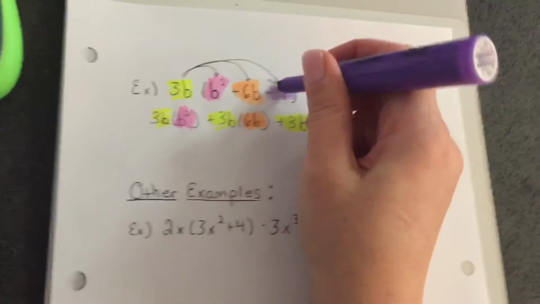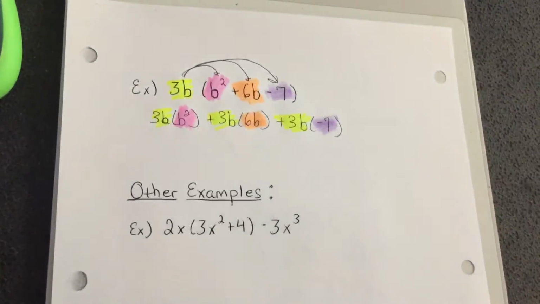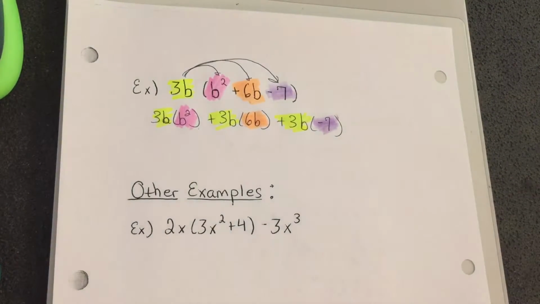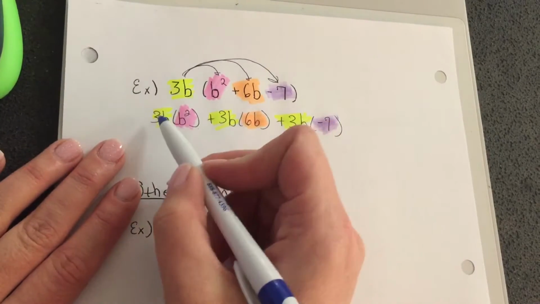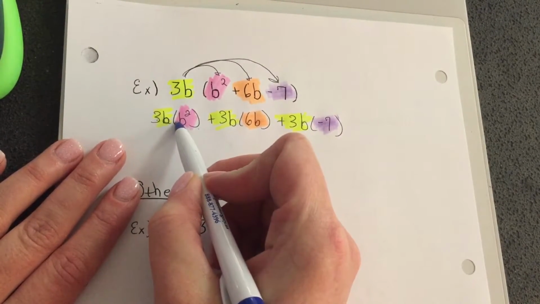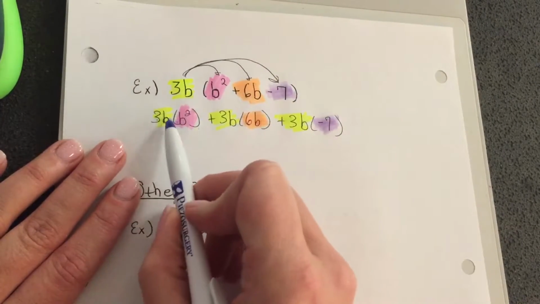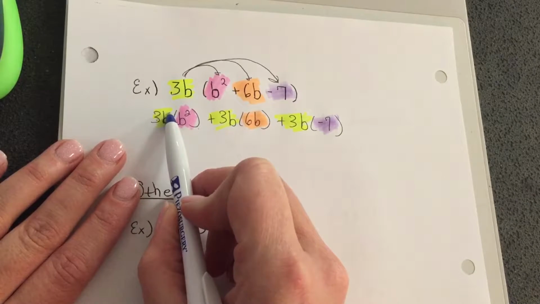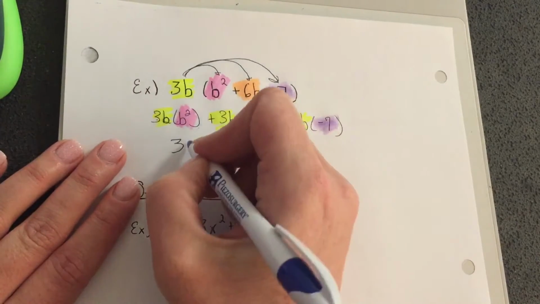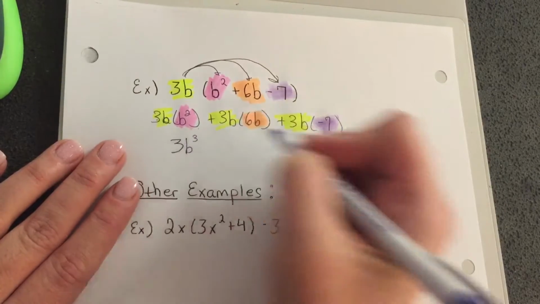Remember, the sign always goes up front. Okay. So here we have 3 times a 1, because there's an imaginary 1 in front of that, which gives me 3. This b has an exponent of 1. So you have 1 plus 2 is going to give us b cubed.